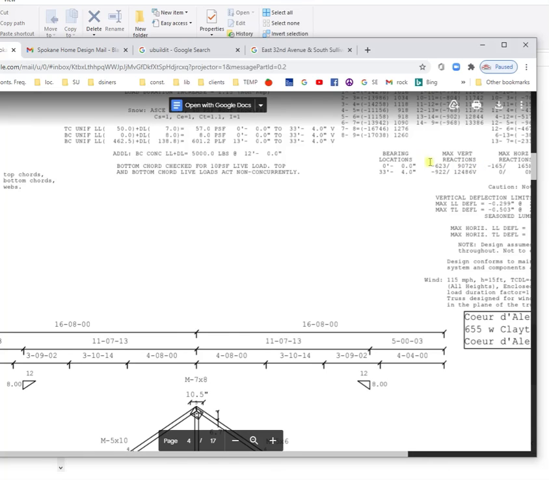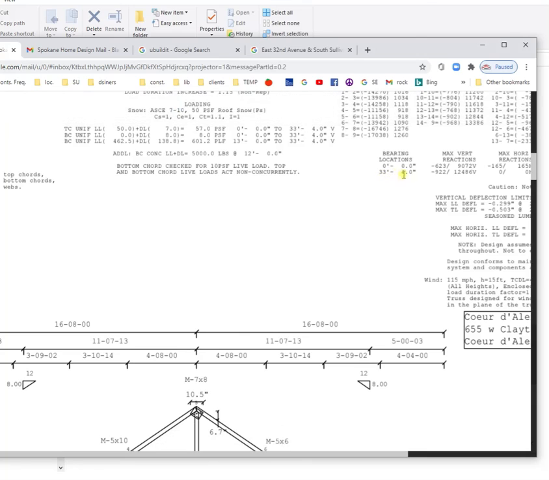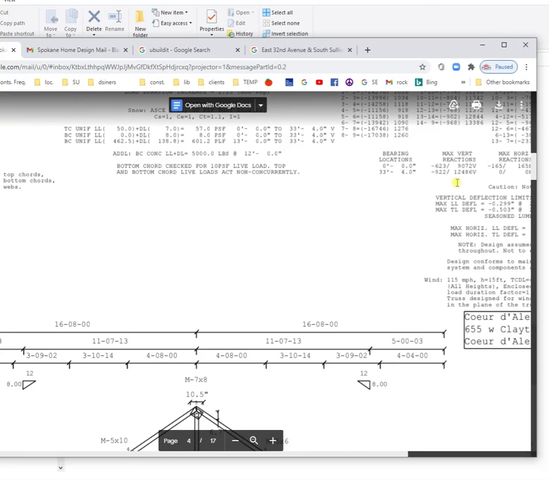So anyway, what they're telling you is that at 0 feet 0 inches, which is the start, the weight right there is 9,072 pounds. And then at the back of the house, the back of the truss, at 33 feet 4 inches, it's 12,486 pounds.